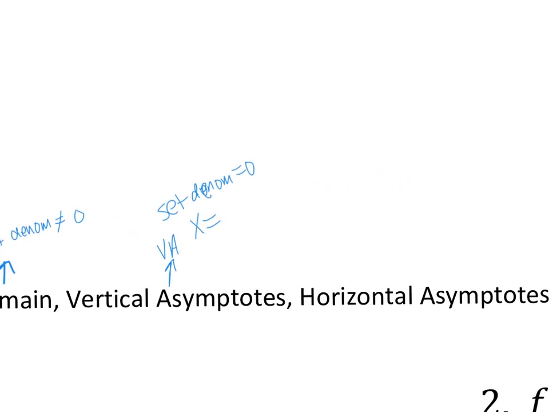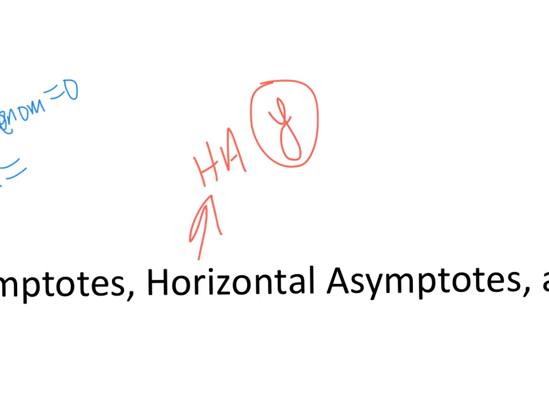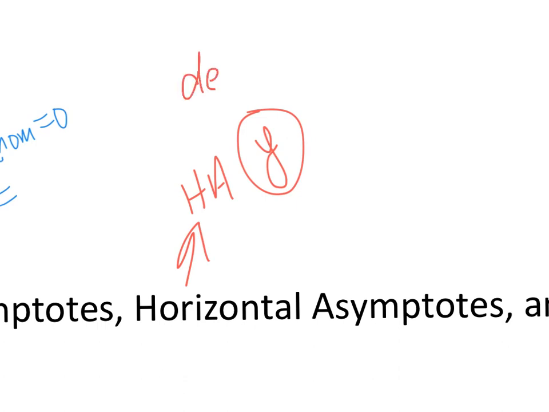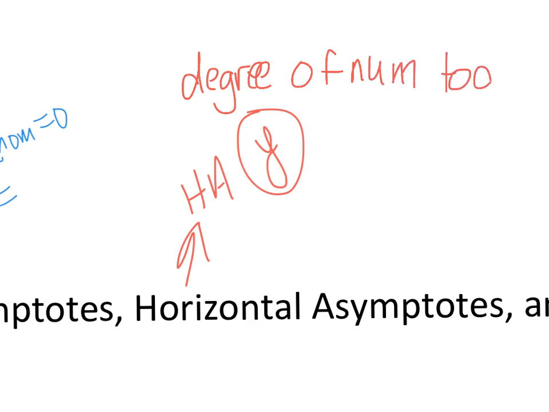All right? Horizontal asymptotes, x equals or y equals? Y. Okay, look at our little cheat sheet. There's 3 things we need to compare. We're always going to compare the degree of the numerator to the denominator.